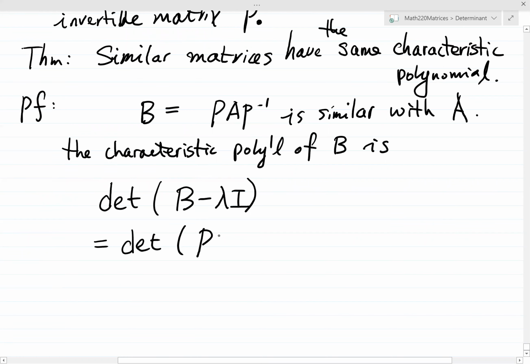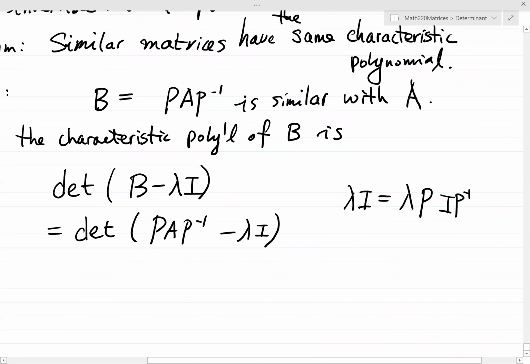B is P inverse minus lambda I, okay? We can write lambda I as lambda P inverse, because P inverse times I is P inverse, and P times P inverse is the identity.